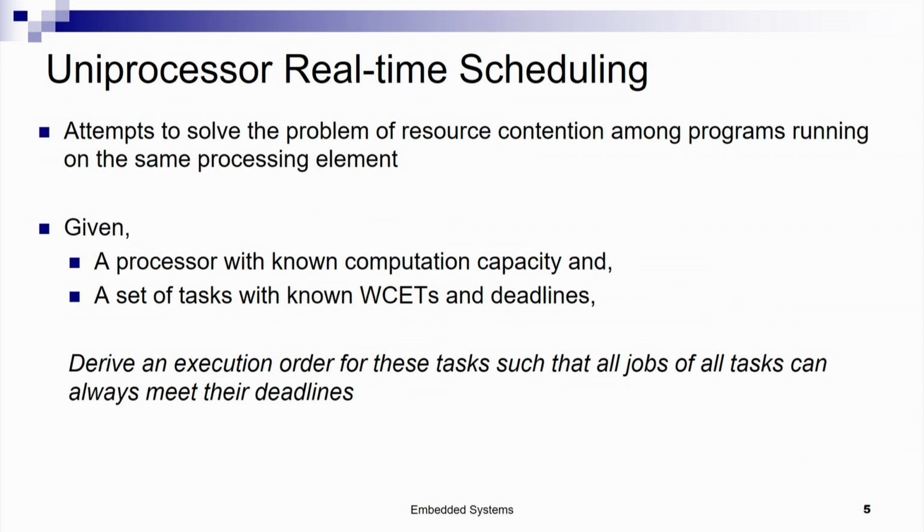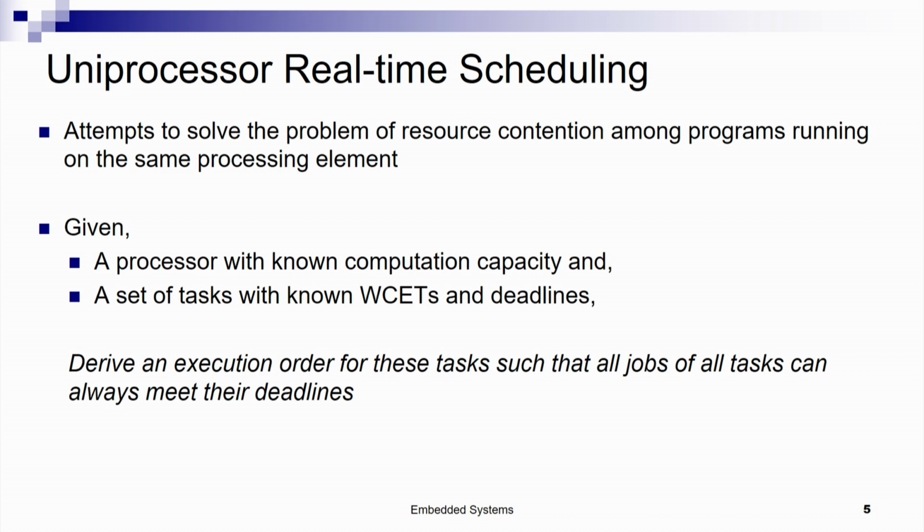With this idea we will start our discussion on uniprocessor scheduling. As we said, uniprocessor scheduling attempts to solve the problem of resource contention, or processor contention, among programs running on the same processing element. Here programs and tasks are the same.